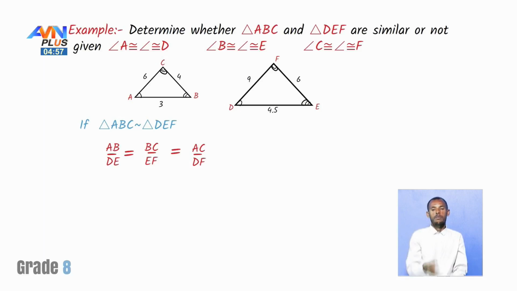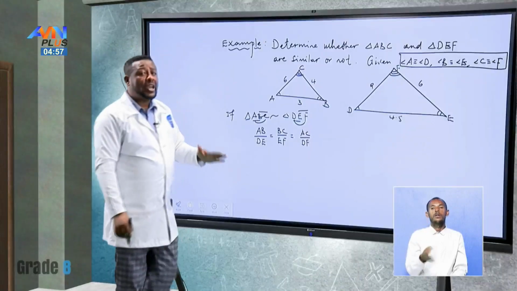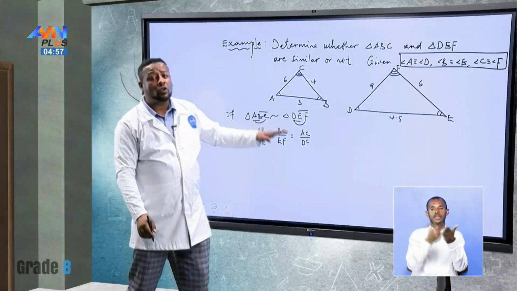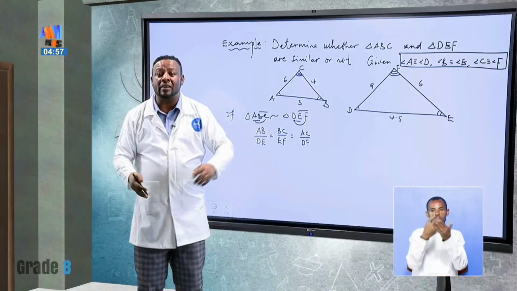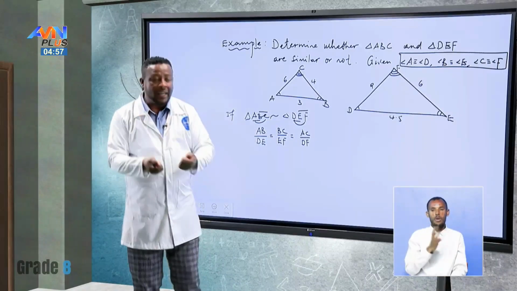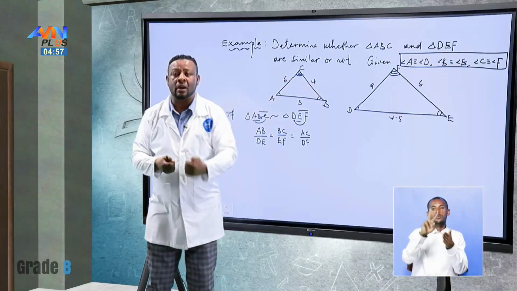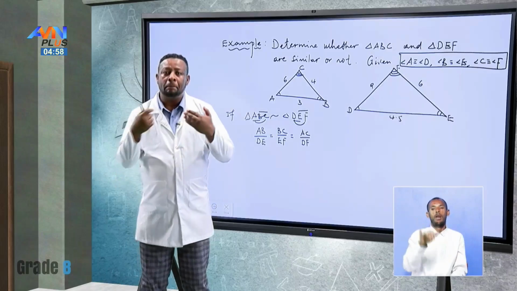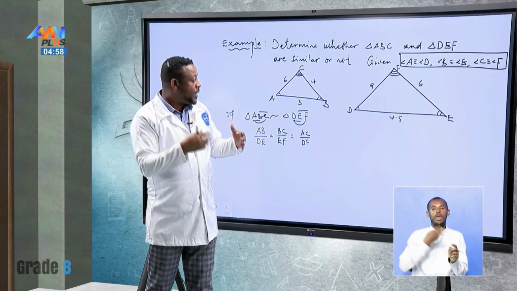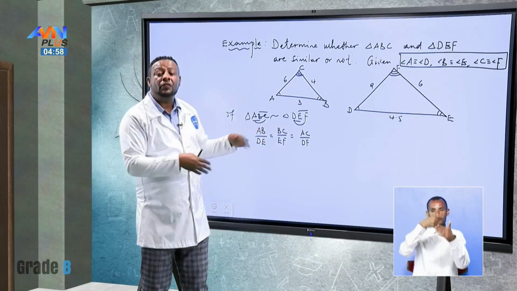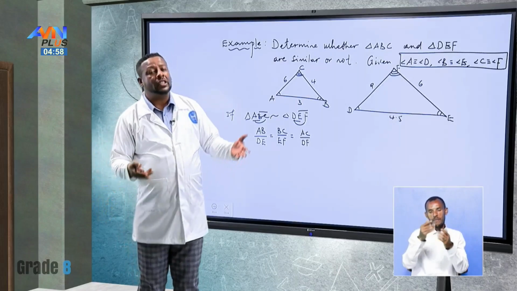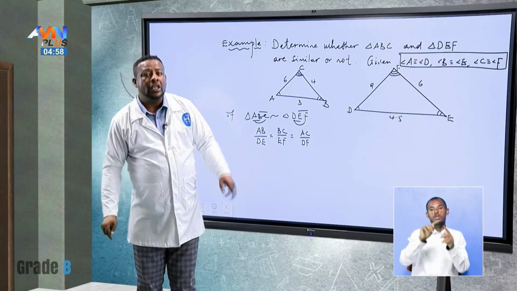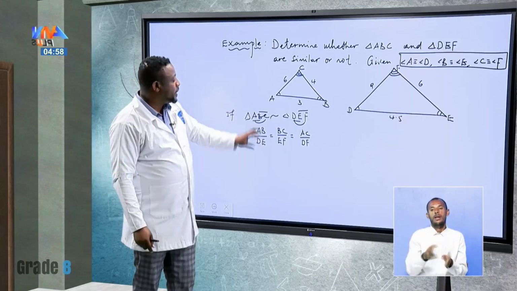We need to check whether these ratios are the same or not. If all these ratios are the same, we can say that these two triangles are similar. But if we get one value which is different from the other, the second condition fails. That means the two triangles are not similar. So let's keep calculating this ratio.